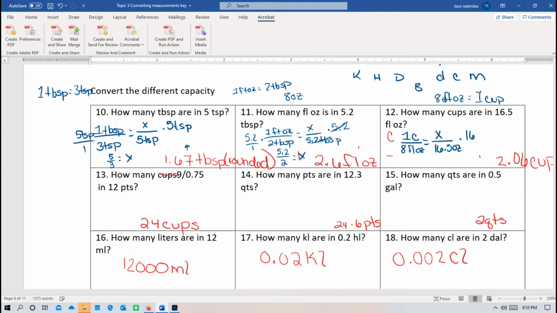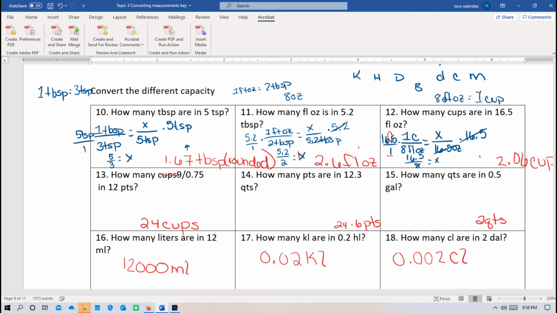And I got to multiply both sides by 16.5. That's going to give me 16.5 over 8. I know it's going to be around 2 just by estimating it. And if I do the math, I get 2.0625, which I rounded to 2.06. All right, almost done with this one.